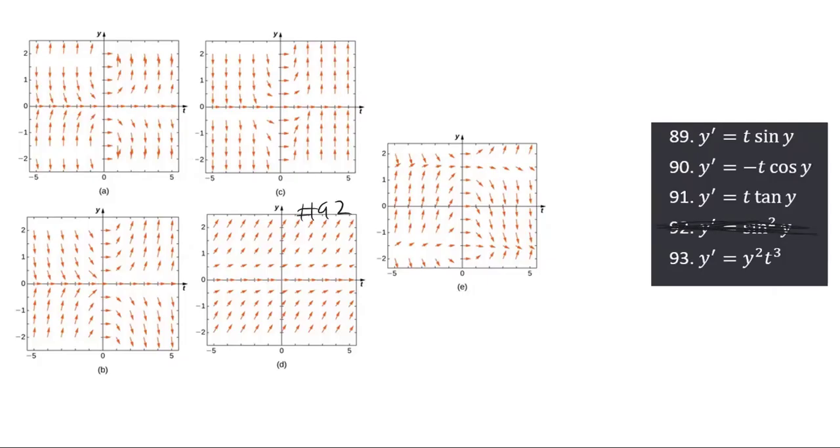Now for 91, I'm eyeballing that as well, because we know that tangent is undefined at certain values in the domain, in this case tangent y. For example, when y is pi over 2, tangent is undefined. There's a vertical asymptote there. Look, there's a switching thing occurring in choice A, where there's a vertical tangent and then a vertical tangent in the other direction, at the point that I circled right there.